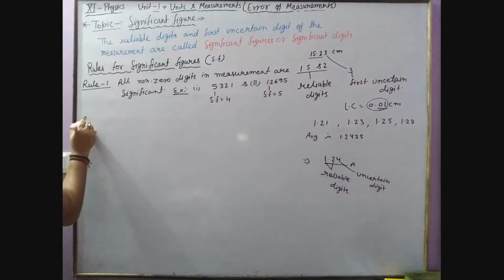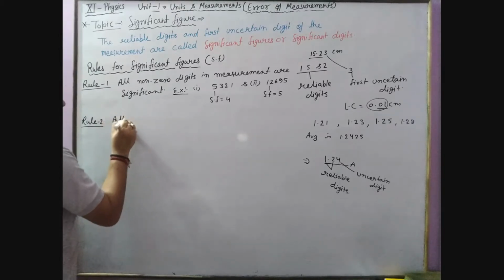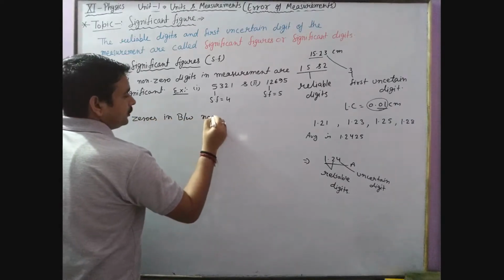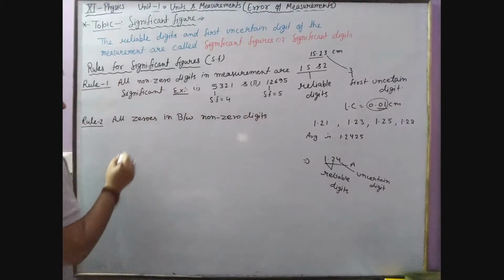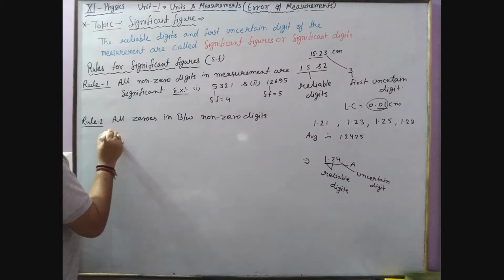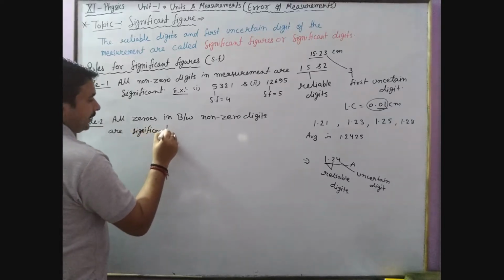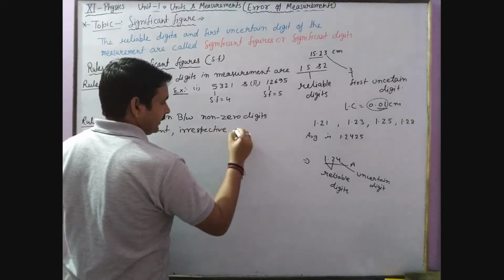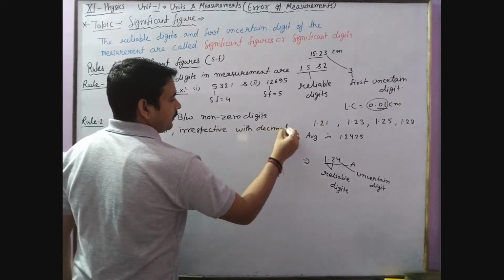Okay, rule 2. Rule 2: the zeros in between the non-zero digits, all zeros in between non-zero digits are significant, irrespective of the decimal places.